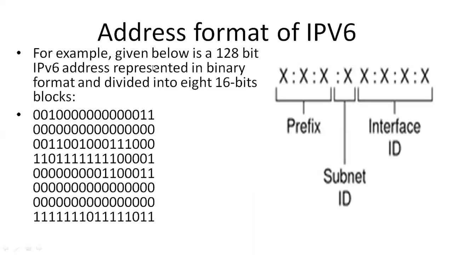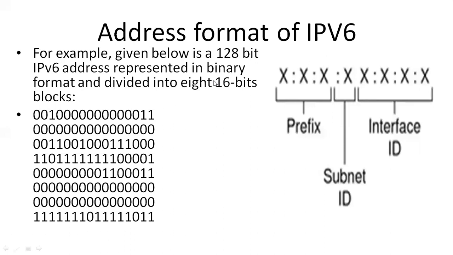And then, for example, 128 bits are there. This is the representation in binary format. Here, each and every block consists of 16 bits. The first one X, the second one X, the third one X. That means it consists of 16-bit blocks. Totally you have 8 groups.